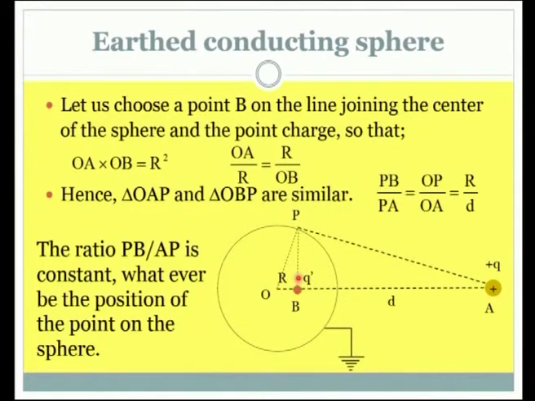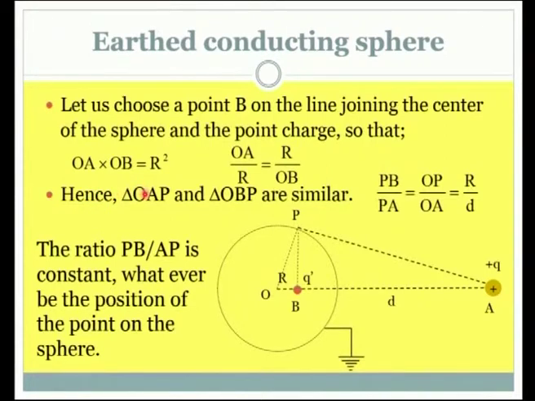We need to find out the magnitude and also the charge. We have some geometry concepts here. This distance OA, which is the distance d, times OB is equal to r square. It is based on the triangular law, right.